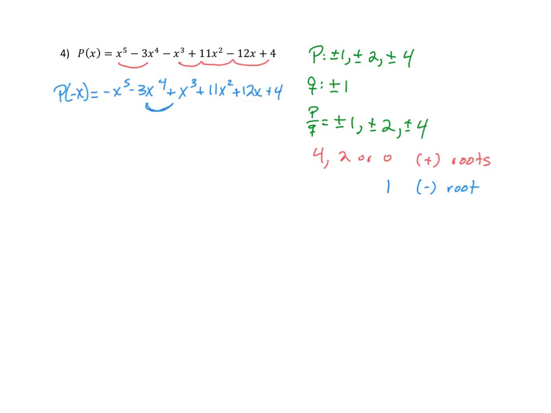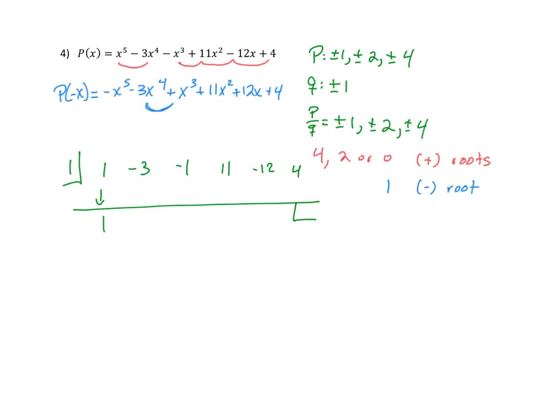So now I'm going to start using the list of possible zeros, 1, 2, 4, to start doing my division, using the p of x, not the p of negative x, right? So I'm going to start with positive 1. I'm going to use 1, and then 1, negative 3, negative 1, 11, negative 12, and 4. I'm going to do my synthetic division, right? So I'm bringing down the 1.